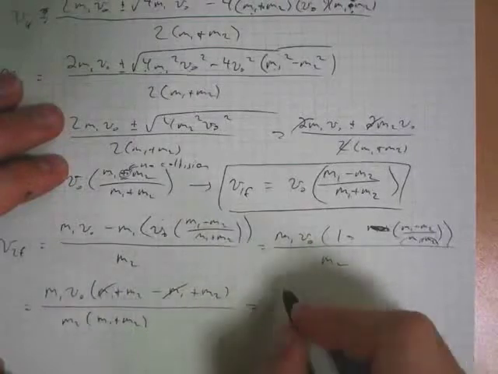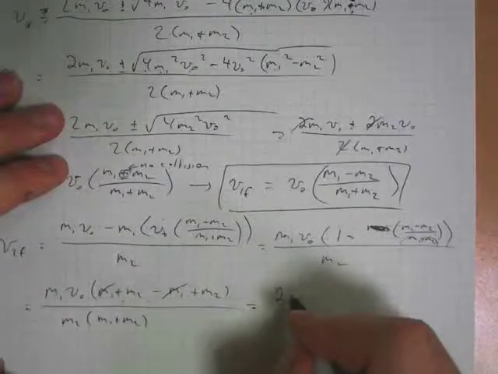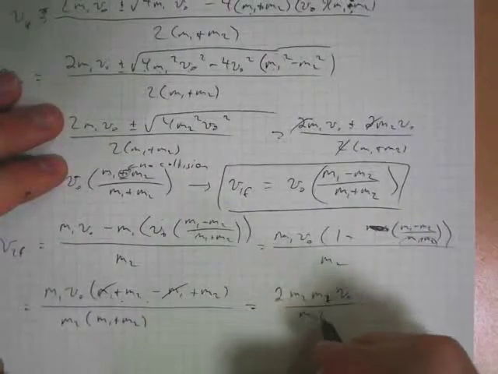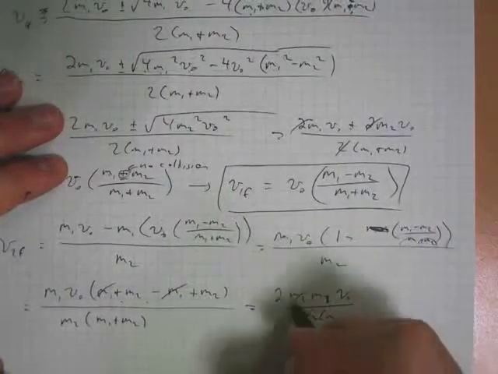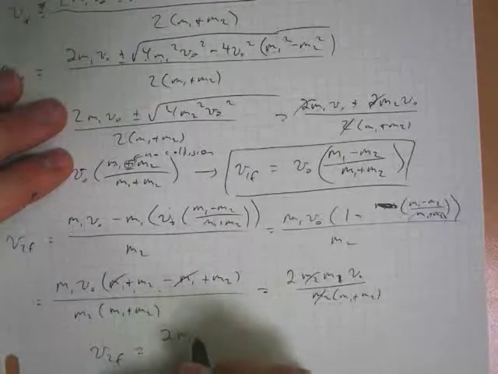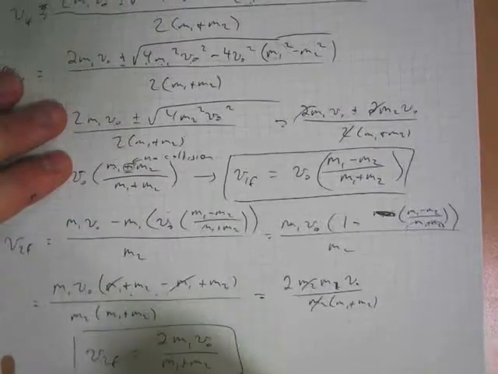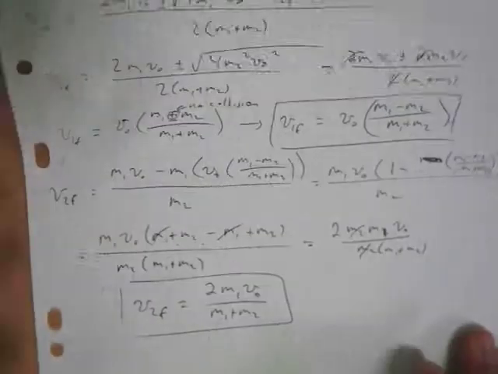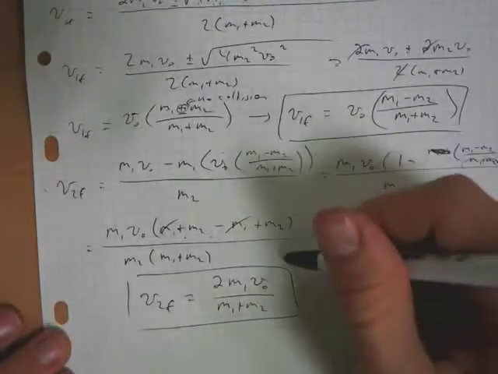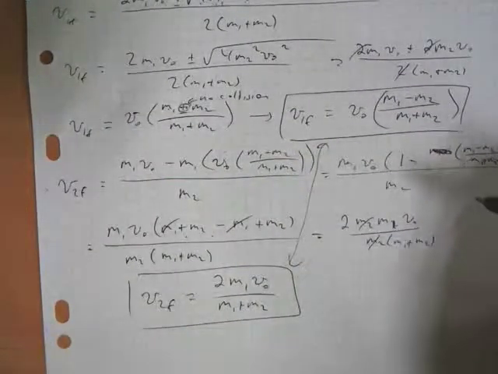So in our numerator, we have 2 m2 times m1 v0 over m2 times m1 plus m2. The m2's cancel out, and the result that we can use as our v2 final is 2 m1 v0 over m1 plus m2. Okay, that's a lot of nasty algebra that you don't really need to know how to do, but the result is important: these equations can be used for elastic collisions.